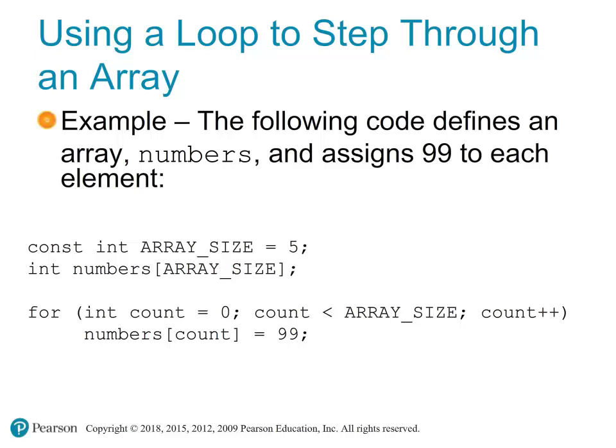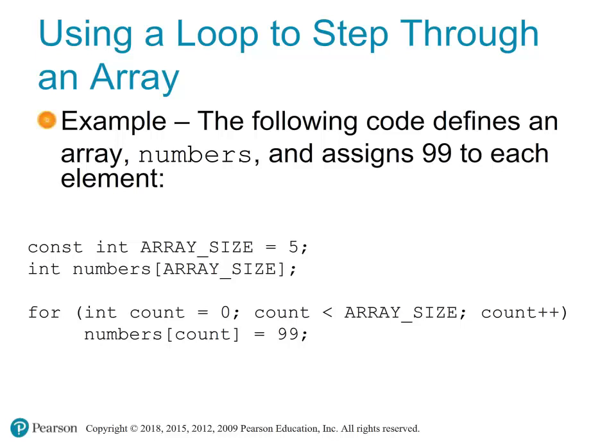As a best practice, we are using a named constant, array_size, set to 5. This allows for easier future modifications and makes the code self-explanatory. We declare an integer array numbers with the size of array_size. Instead of assigning values to each element one by one, we employ a for loop to handle this task.